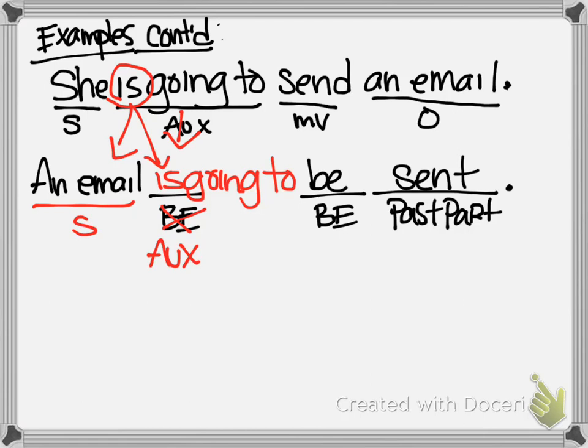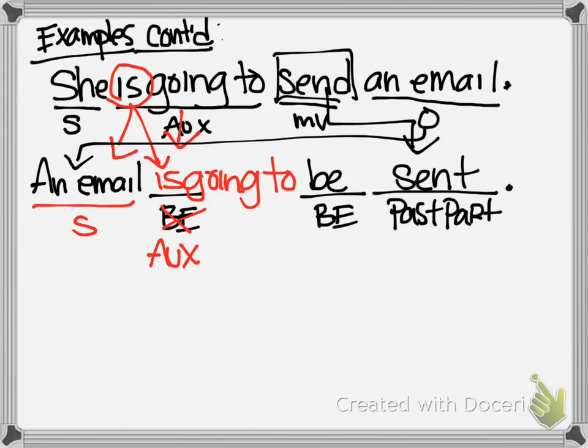She is going to send an email, an email is going to be sent, right? So our object took the subject position, our auxiliary came straight down, and our main verb here became the past participle here.